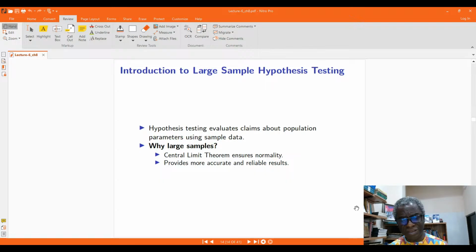So hypothesis testing is a systematic procedure.